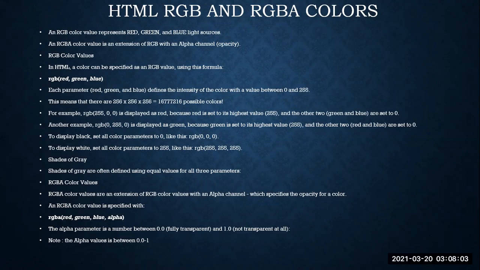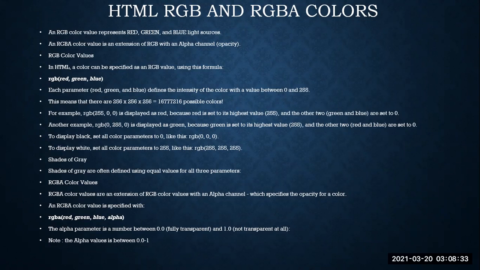Great. Now, an RGB color value represents the red, green, and blue colors or light sources. An RGBA color value is an extension of RGB with an alpha channel, which is the opacity. In HTML, a color can be specified as an RGB value using the formula rgb. Once you have the RGB, you know the properties are red, green, and blue.